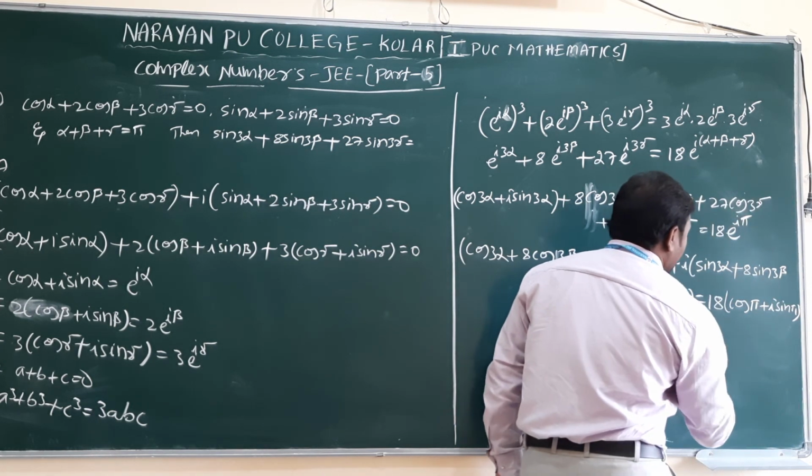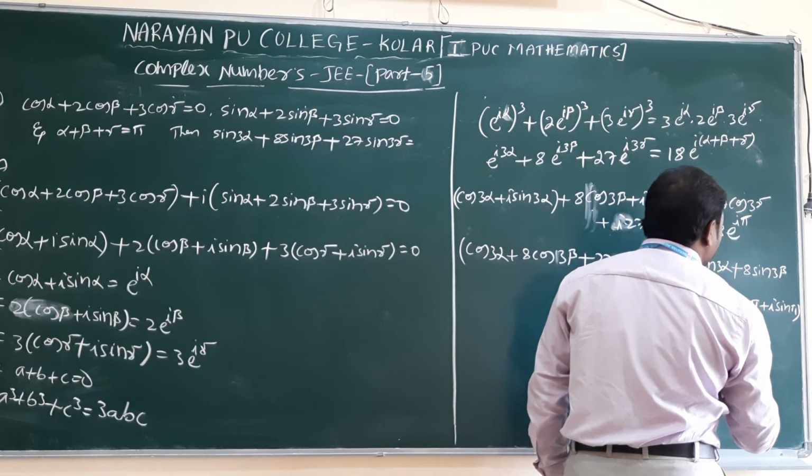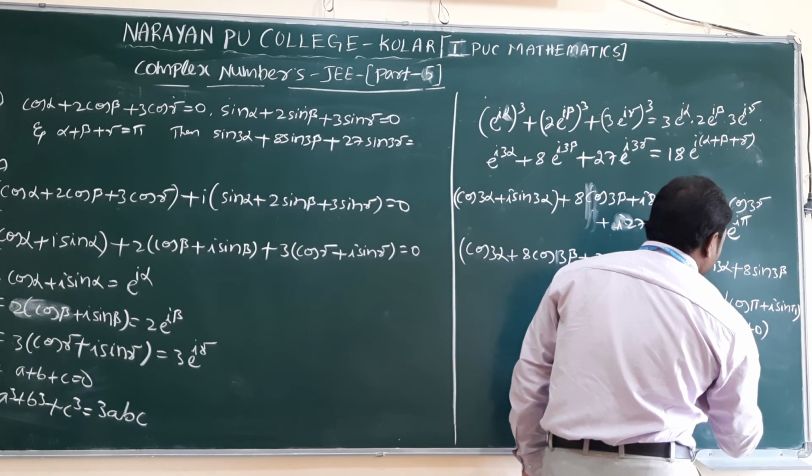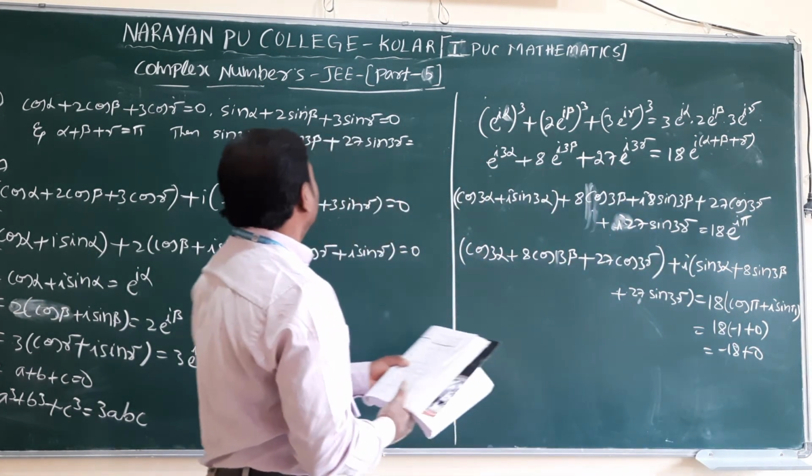So 18 times cos pi value minus 1, plus i sin pi value 0. What do we get here? Minus 18 plus 0.